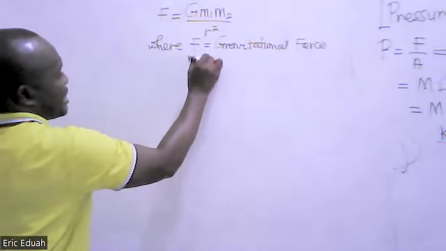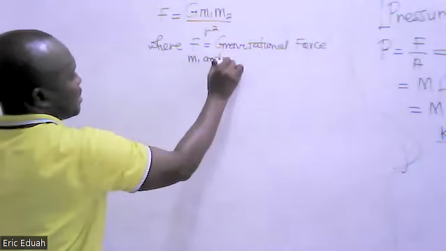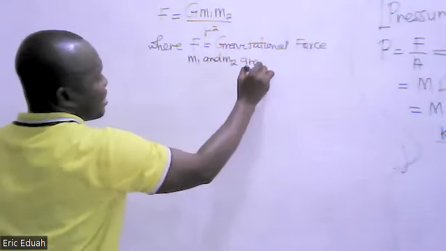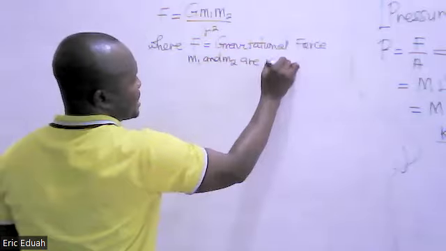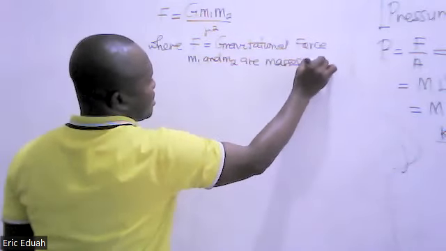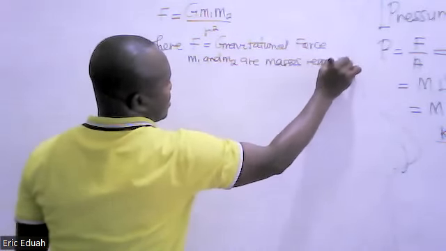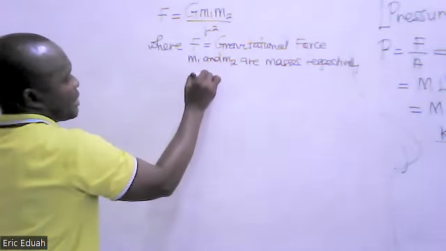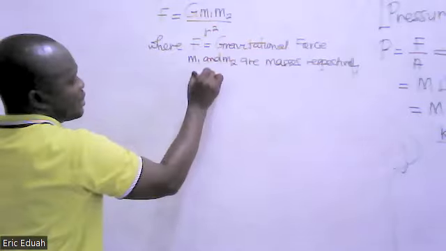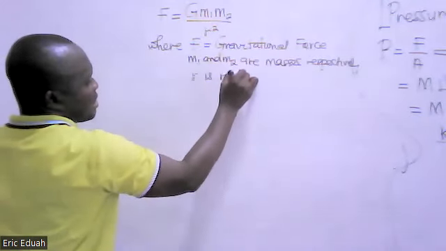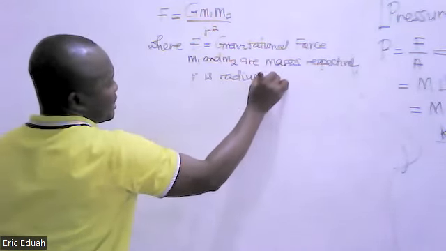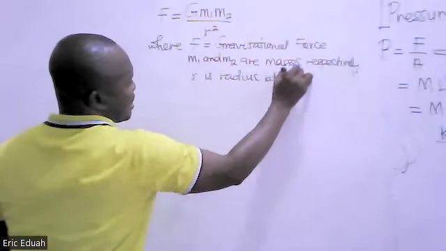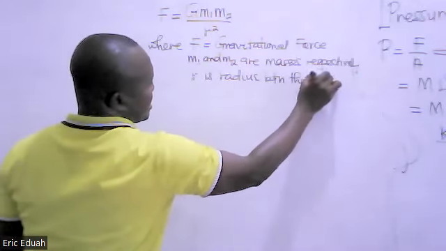M1 and M2 are masses respectively. R is the radius between the masses.